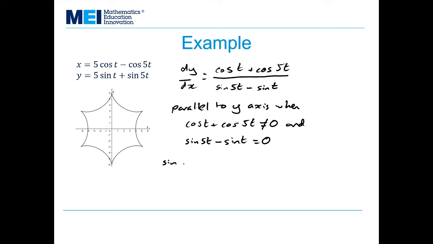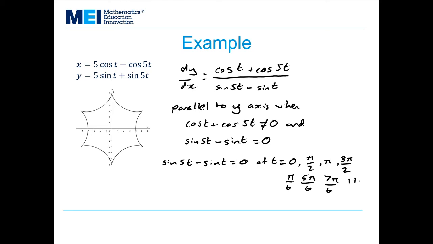So, sine 5t minus sine t equals 0 at t equals 0, pi by 2, pi, and 3 pi by 2, and also pi by 6, 5 pi by 6, 7 pi by 6, and 11 pi by 6.